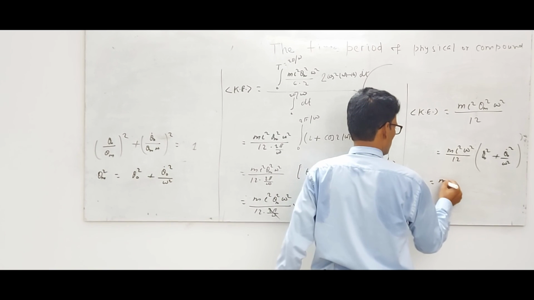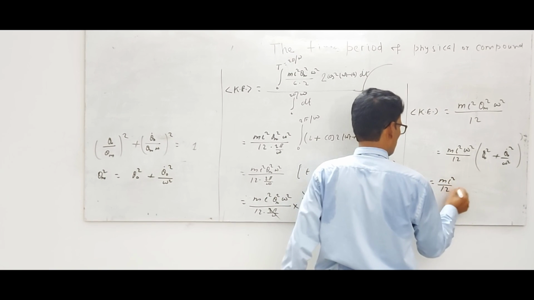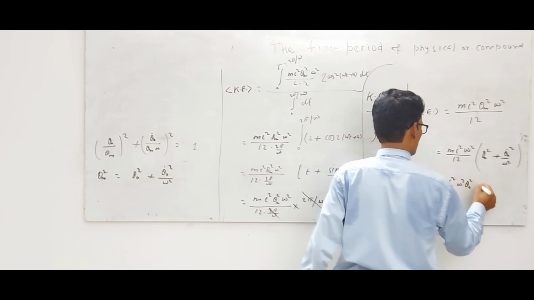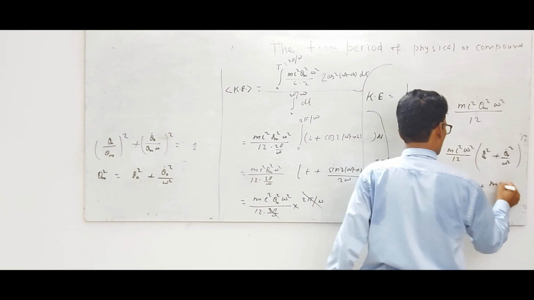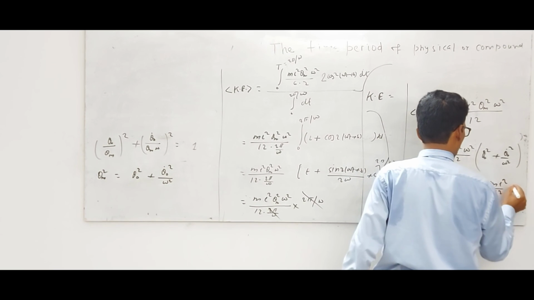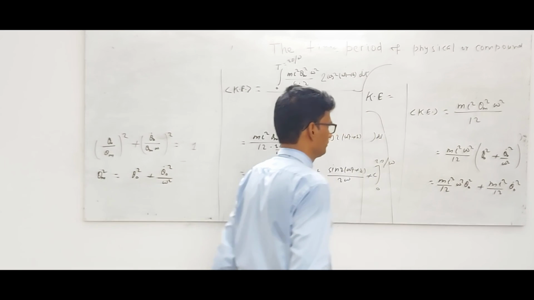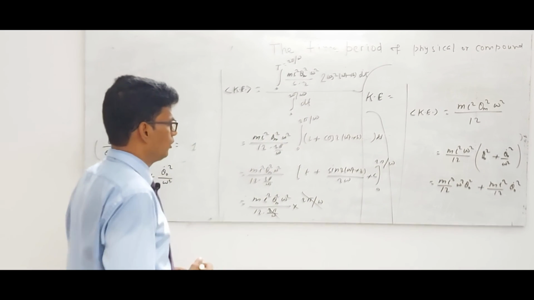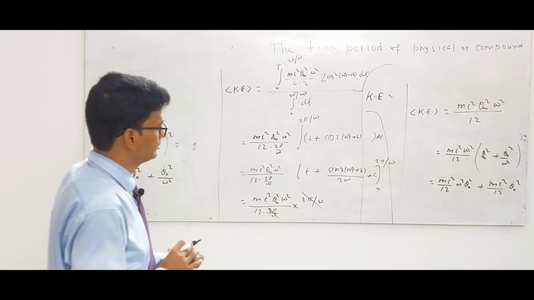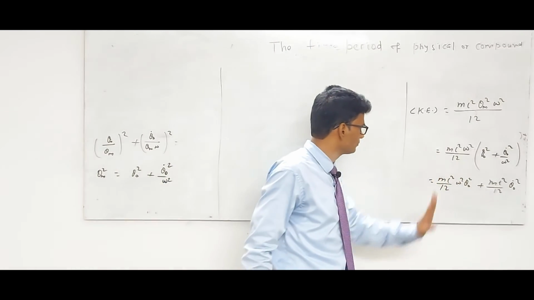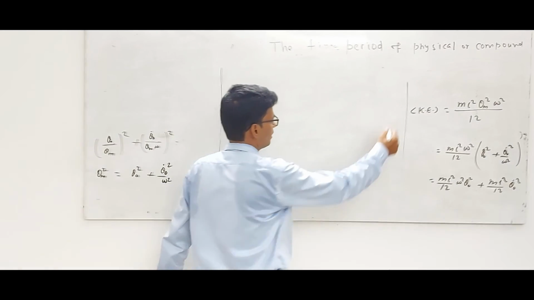Now this is ml square over 12 omega square theta naught square. Now here ml square over 12 theta naught dot square, omega square is cancelled out. So now we put the value of omega square. We got the average kinetic energy. That's the answer.